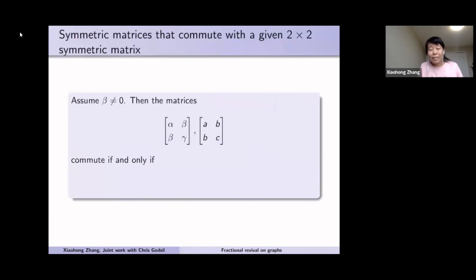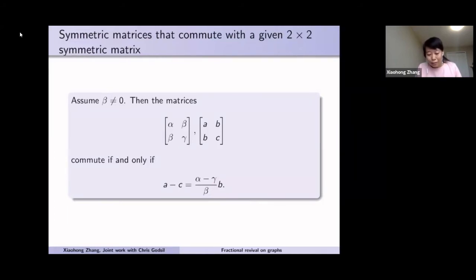There is a characterization of when a symmetric 2 by 2 matrix commutes with such a given one. It just requires the difference of the diagonal entries to be a fixed scalar multiple of the off-diagonal entry. And this scalar is just given by this ratio.